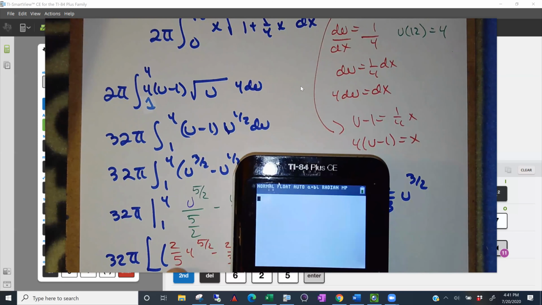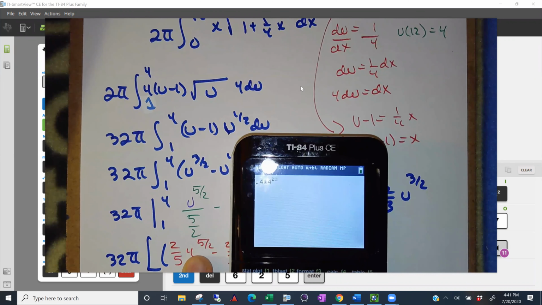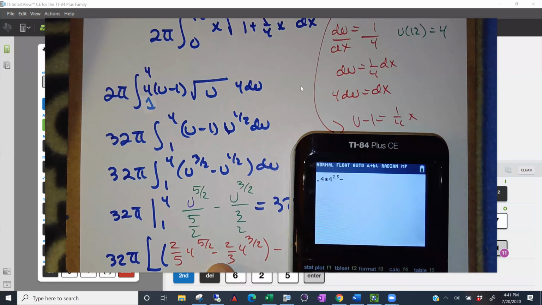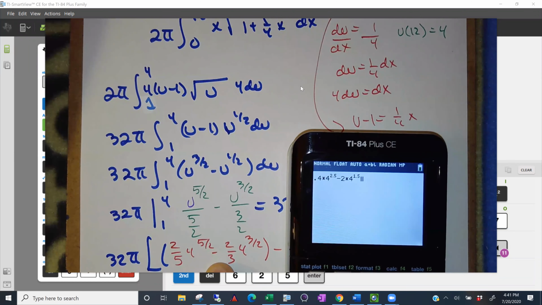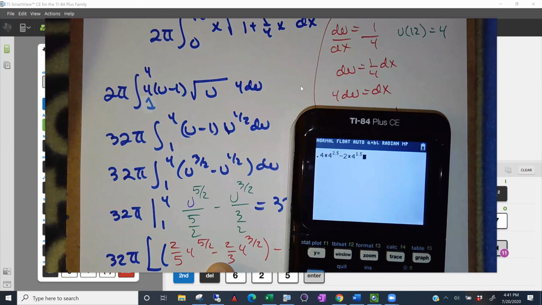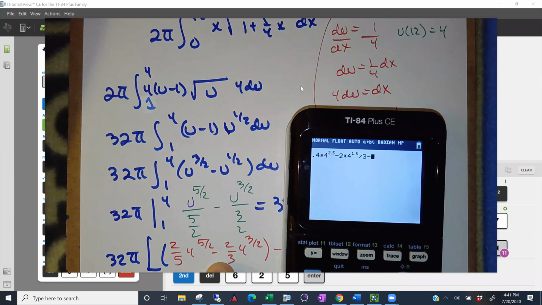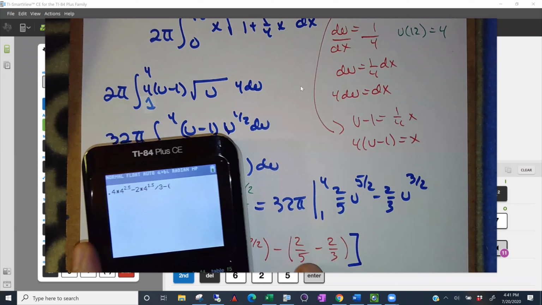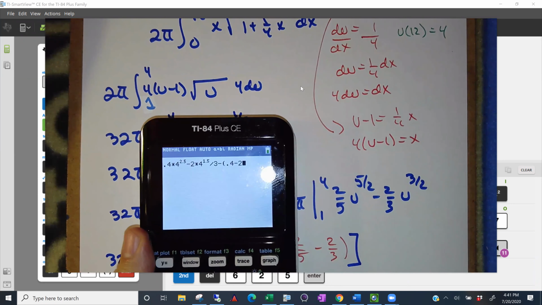So 2/5 is 0.4. 0.4 times 4 raised to the 2.5, minus 2 times 4 raised to the 1.5, divided by 3, minus parentheses 2/5, which is 0.4, minus 2 divided by 3.